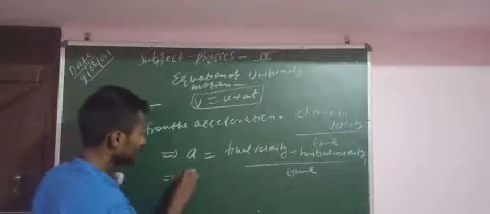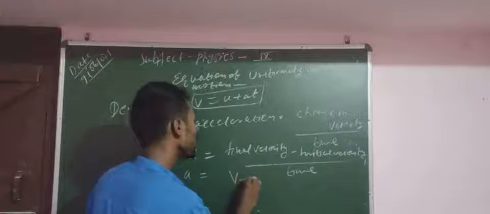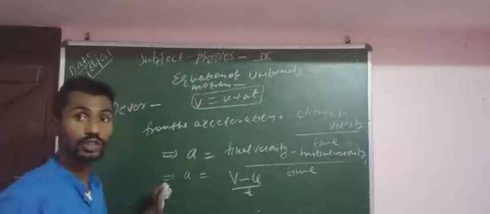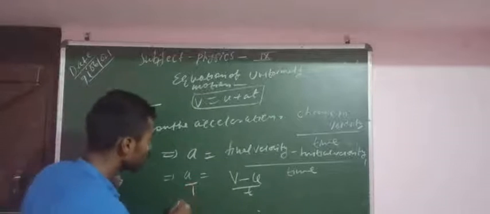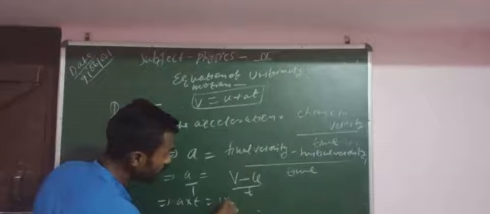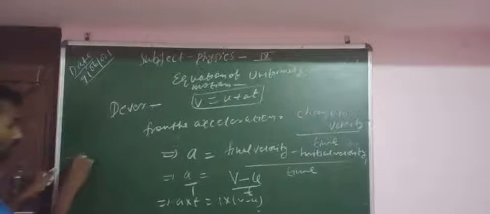So a equals final velocity v minus initial velocity u by time t. Cross multiplication gives a into t equals 1 into v minus u.